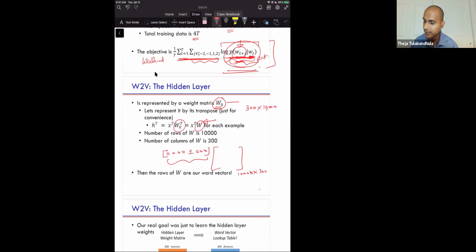And what does this operation do? This times the W matrix is just going to pick the row corresponding to the ant word.